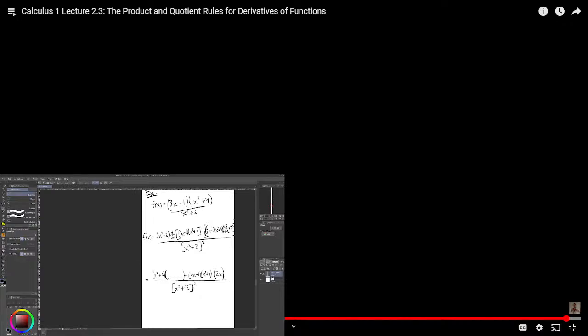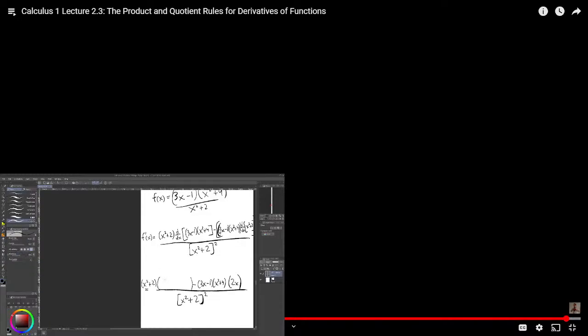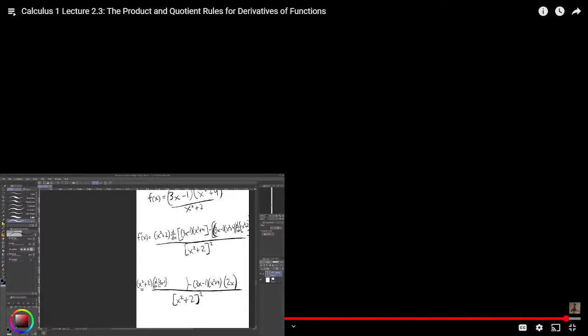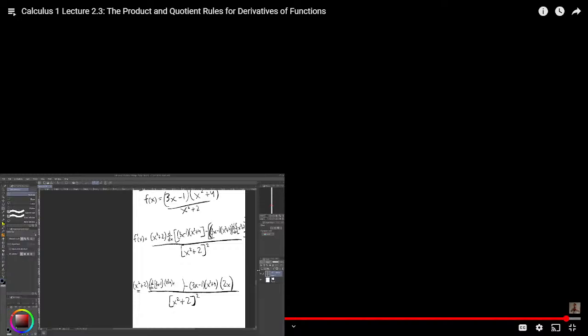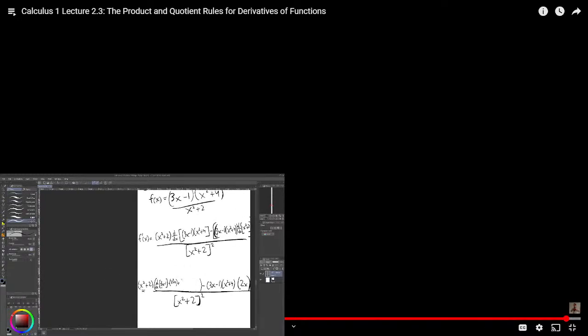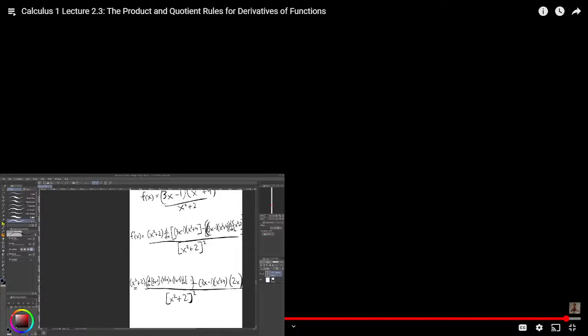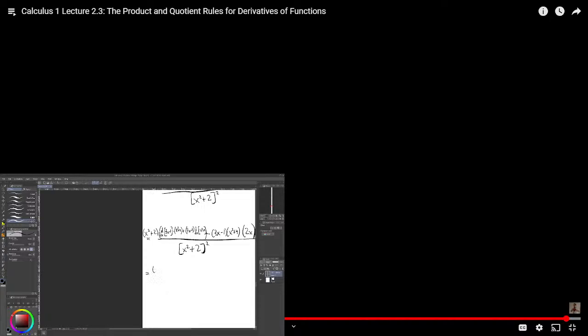So d/dx of 3x minus 1 times x squared plus 4, plus, gotta move this over, plus 3x minus 1 times d/dx of x squared plus 4, squared plus 2.